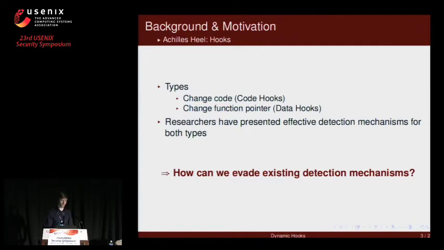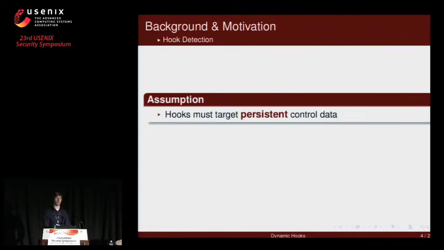To address this question, we took a look at existing hook detection mechanisms, and we found that they are generally based on the assumption that an attacker can only modify persistent control data to install a hook. Persistent control data is essentially data that is permanently used by an application, such as a function pointer that resides on the heap.